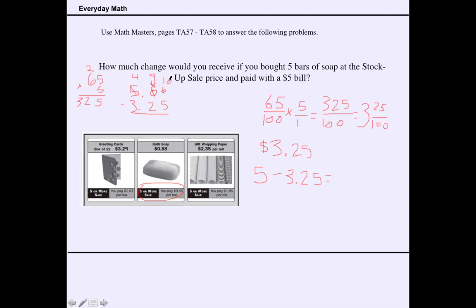So 10 minus 5 is 5. 9 minus 2 is 7. Bring my decimal down. 4 minus 3 is 1. So 1.75.